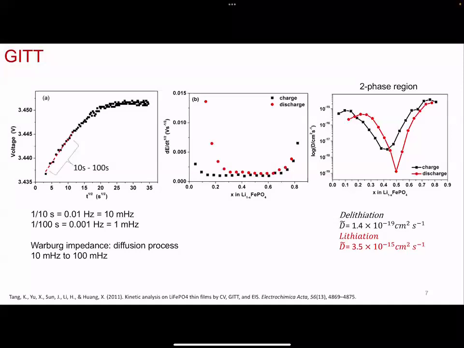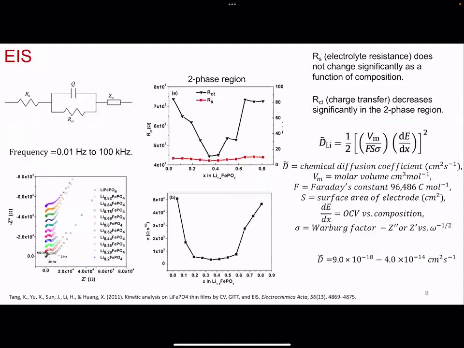That basically corresponds to your entire two-phase region, where your diffusion coefficient is dipping. That's because there's a phase boundary that's evolving as you're changing x. Okay, so that's lumped into the diffusion coefficient of just lithium ion in one phase. All right, so there's a dip. It's telling you there's something else that's going on.